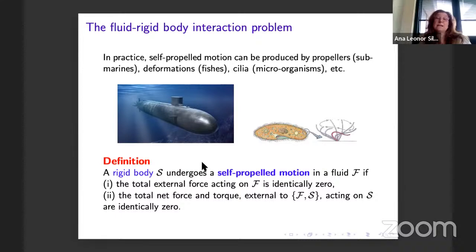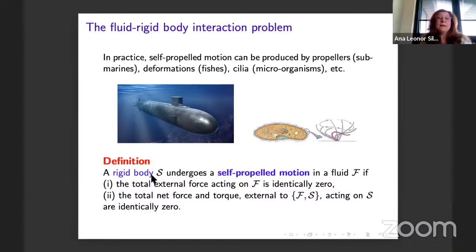And since this rigid body, by definition, cannot deform, and we are also going to assume, by the definition of self-propelled motion, that there are no external forces acting on the rigid body and also on the liquid. This means that there has to be some mechanism generated by the rigid body itself that is going to cause the motion of the rigid body.